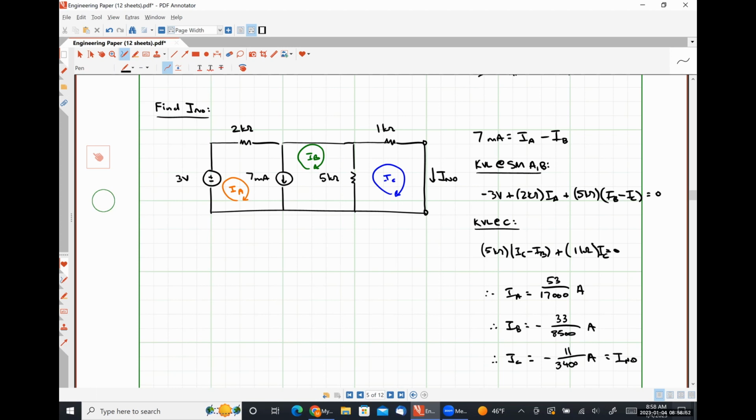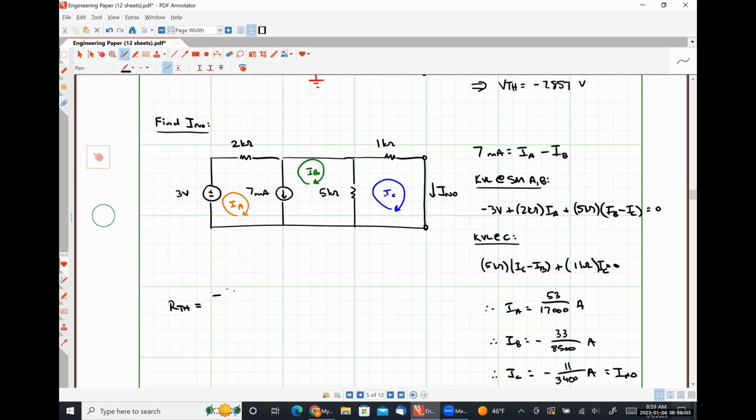So using our results here, our Thevenin equivalent resistance should be negative 7.857 volts divided by negative 11/3,400 amps.